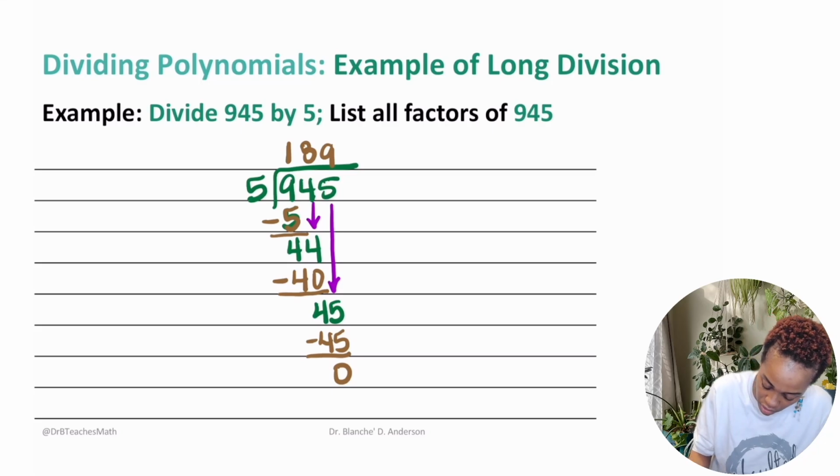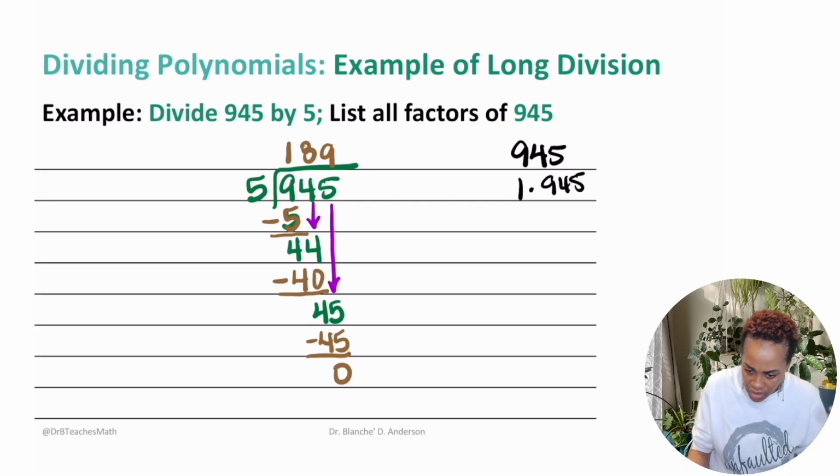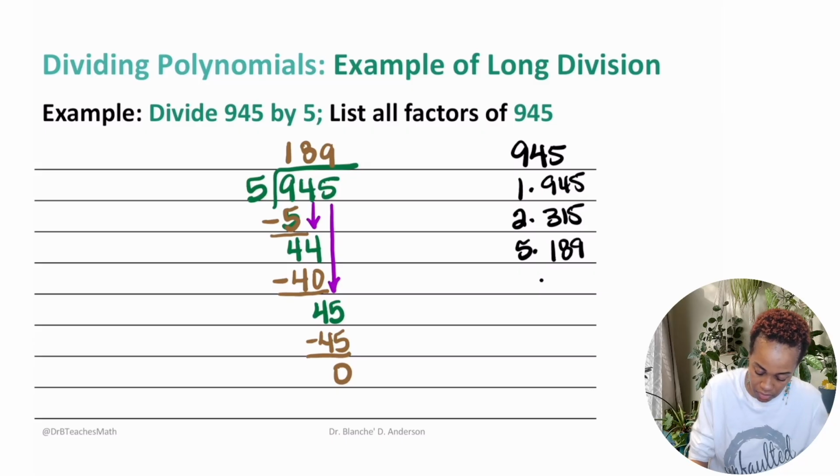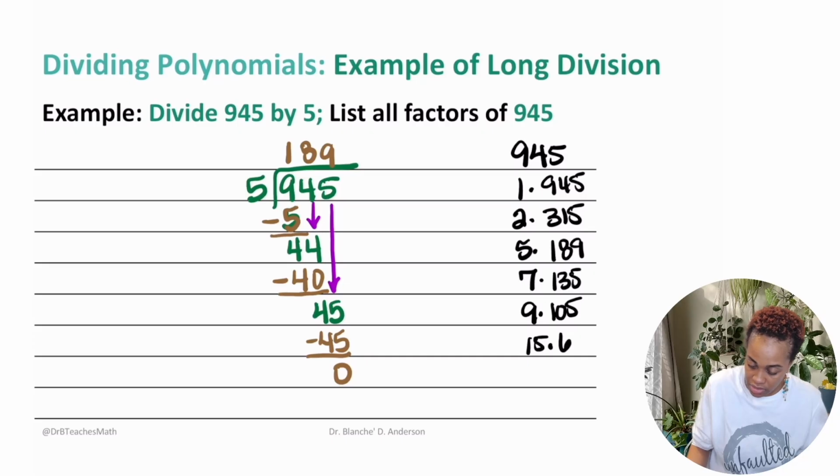Now, let me give you all the factors of 945. I have them written down. So it's 1 times 945. I think it's 2 times 315. 5 times 189. 6 times, oh, not 6, 7. 7 times 135, and then 9 times 105, 15 times 63, 21 times 45, and then 27 times 35.